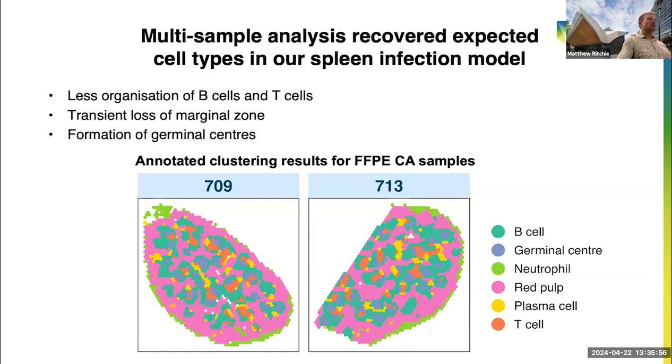The biologist collaborator here says, these look like beautiful spleens, but they're not as well organized as they should be because we've treated them with malaria, and that causes, even though the germinal centers are activated, some disorganization of other bits and pieces. And again, this is just like you'd expect to see with a microscope. I can see all these regions, and biologically, these look like sound spleens that we're getting good data from our Visium.